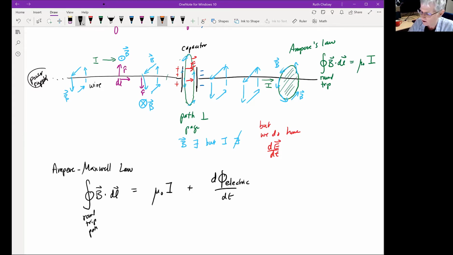And the proportionality constant is mu 0 epsilon 0. So we can rewrite this with its full mathematical loveliness as mu 0 I inside plus mu 0 epsilon 0, the time rate of change of the electric flux, which is the integral, or the sum, of E dot n hat dA over this bounded surface.